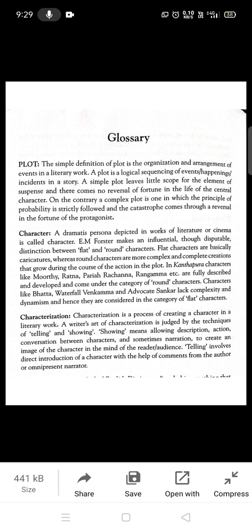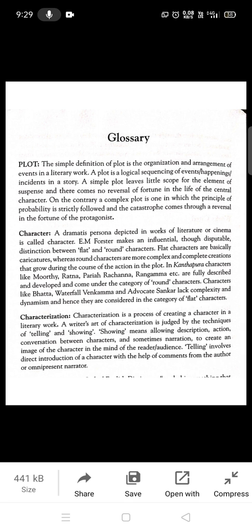The next term we have to discuss is character. E.M. Forster, in his 1927 book Aspects of the Novel, discusses in detail the character. He introduced a chapter named People.